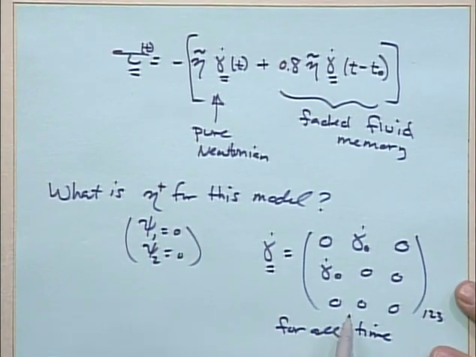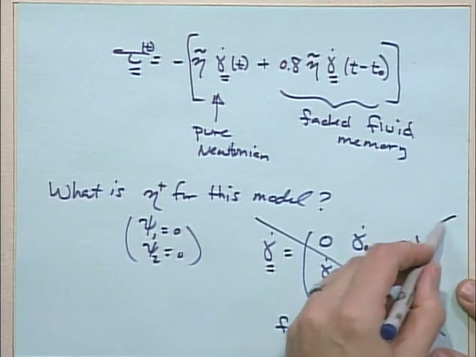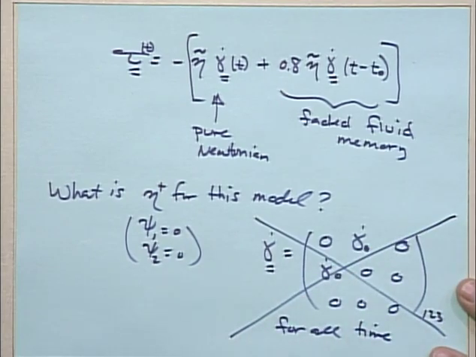Is this the right gamma dot for eta plus? It's not. For eta plus, we have to do del V plus del V transpose.